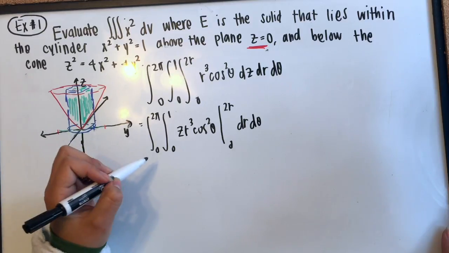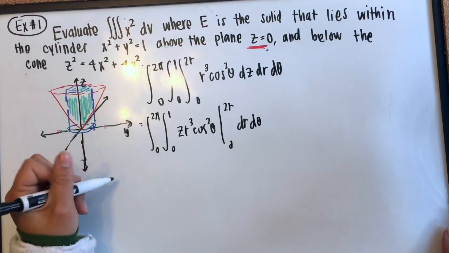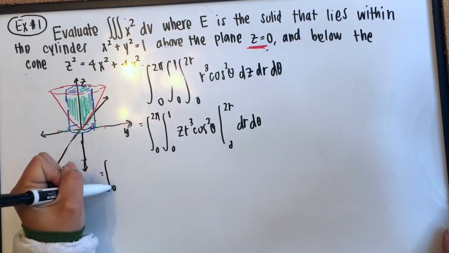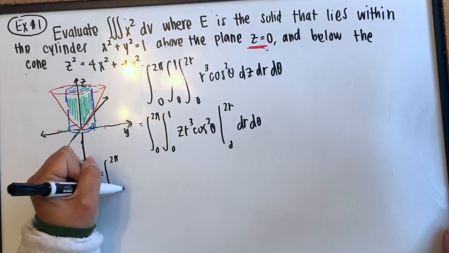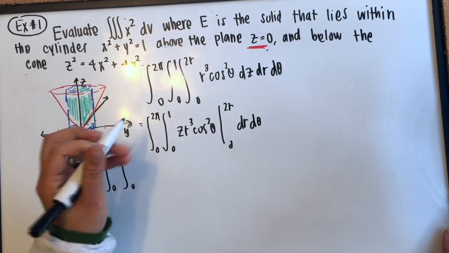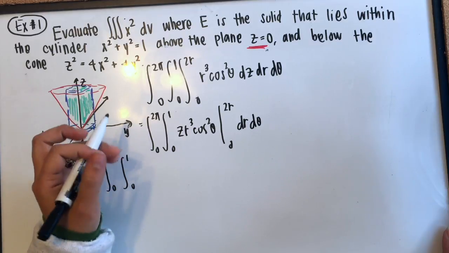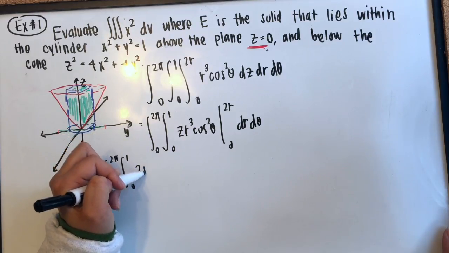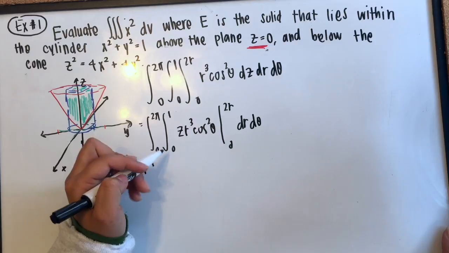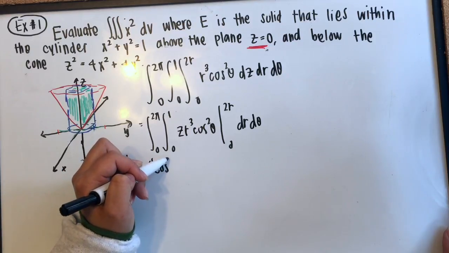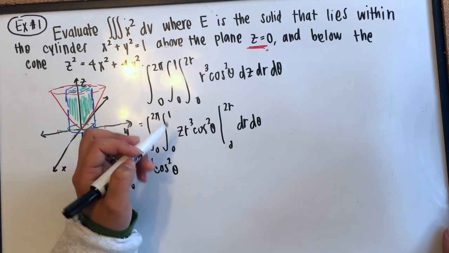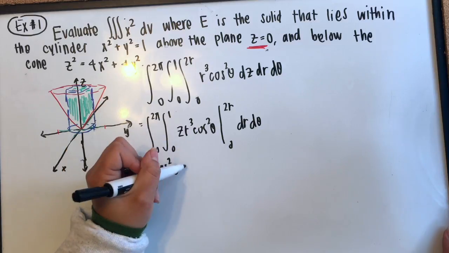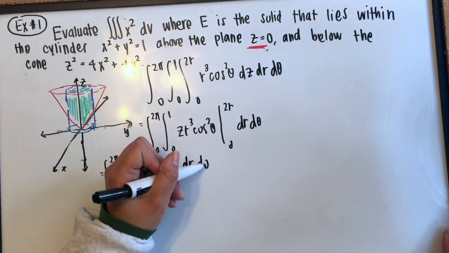Okay, so then this becomes 2r to the 4th power cosine squared dr d theta.